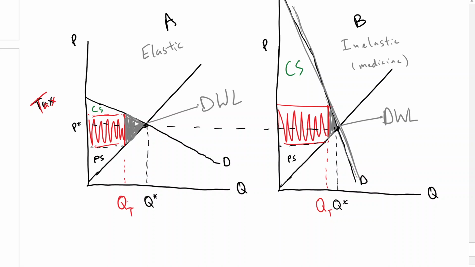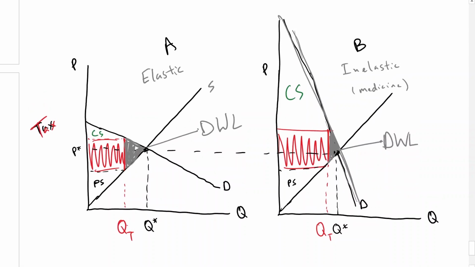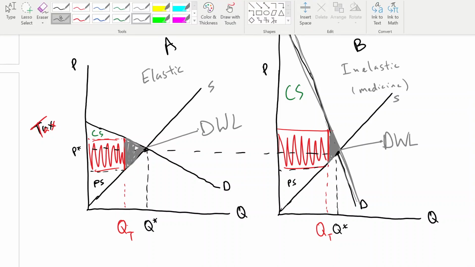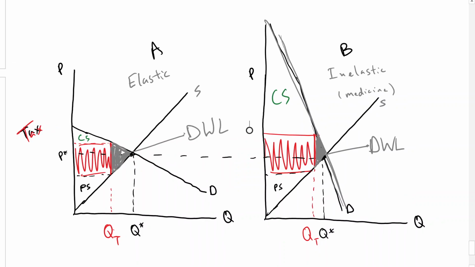When we have inelastic demand curves, a tax won't be quite as distorting for the consumer surplus as it would be in an elastic demand curve situation. You could do the same thing where you mess around with the supply curve and make that more or less elastic or inelastic. But essentially, the shape of these curves matter a lot.